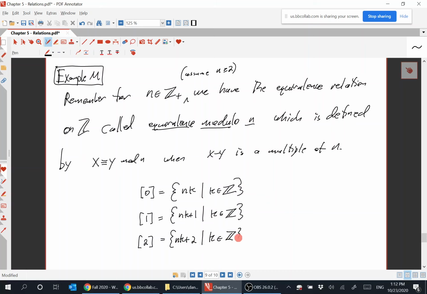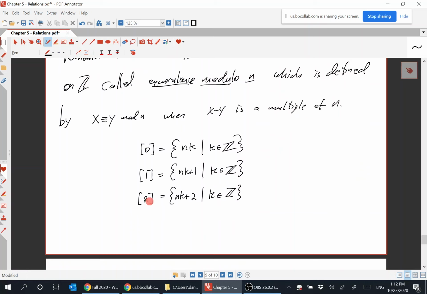In other words, the equivalence class of 2 is all the integers such that when you divide by n, you get remainder 2. Like if I want to do 101 divided by 9, it's equal to 11 remainder 2.